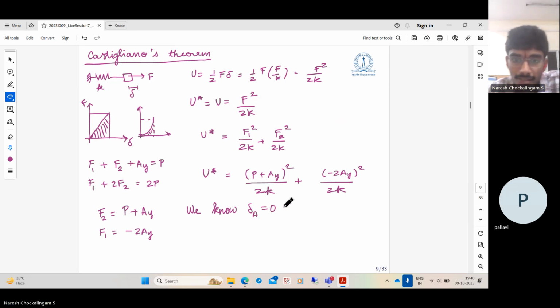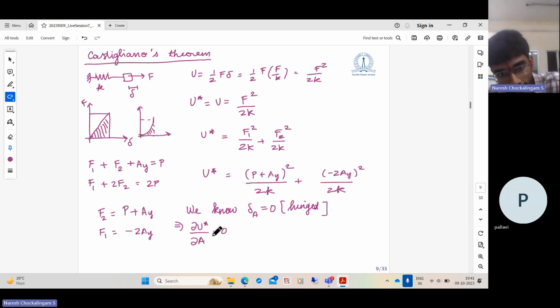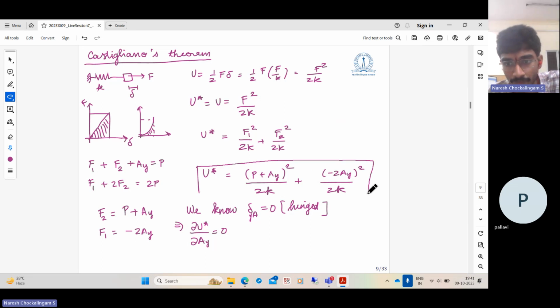Why? The point A is hinged. So the displacement at the point A is equal to 0, which means del U star by del Ay should be equal to 0. The horizontal we have already determined, so it's only the vertical. The vertical displacement at the point A is equal to 0. So differentiate the complementary strain energy with respect to the corresponding force Ay. The vertical force at the point A is Ay, and the vertical displacement at the point A is 0.